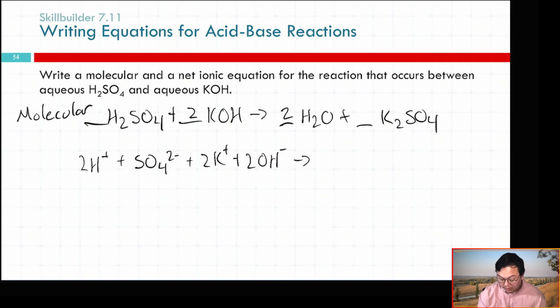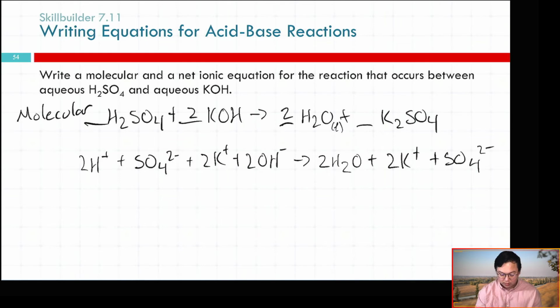Right, and then water is a liquid. Water is always a liquid. So we'll have 2 H2O plus 2 K plus SO4 2 minus. So again, we just check on the left and right to see what still exists on the left and the right side.